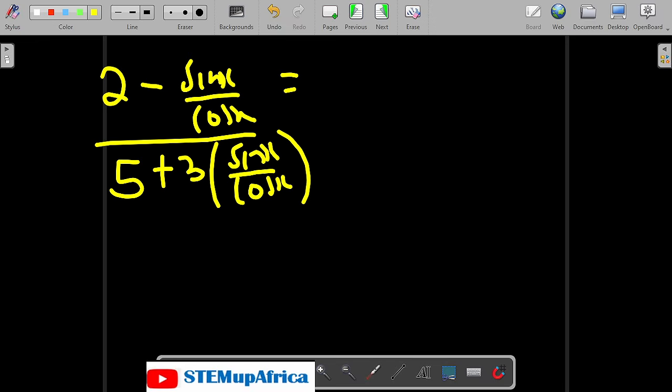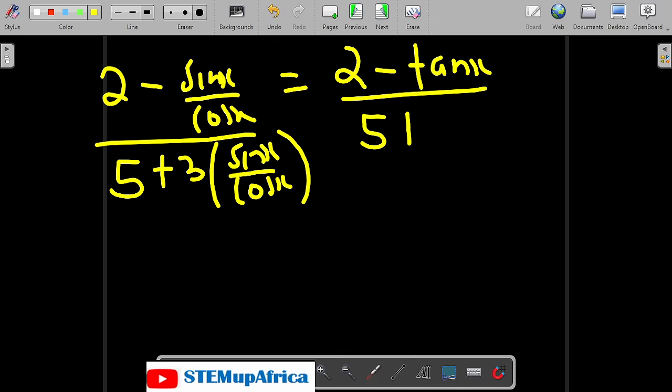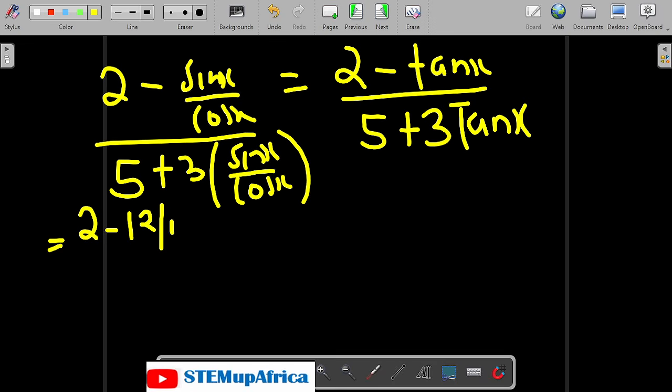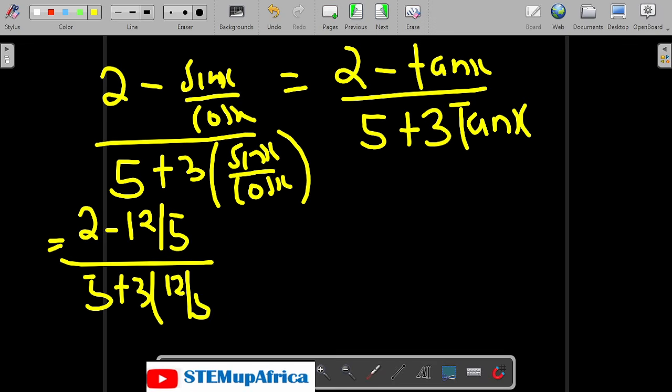So this will just give us 2 minus tan x over 5 plus 3 tan x. And tan x is 12/5. So anytime I see tan x, I will substitute 12/5. So this will give us 2 minus 12/5 divided by 5 plus 3 into 12/5.